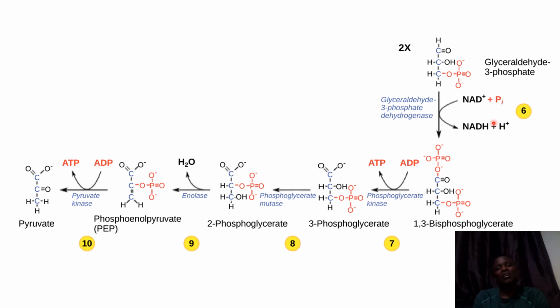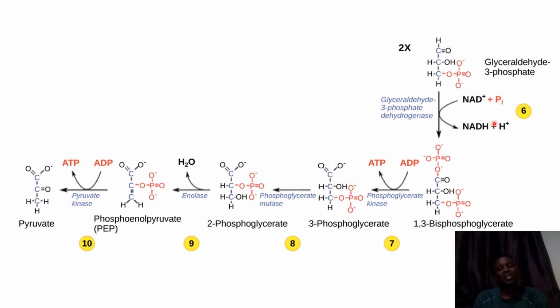In the next step, we have a production of 2 ATP molecules in the presence of phosphoglycerate kinase. From there, we will form 3-phosphoglycerates.